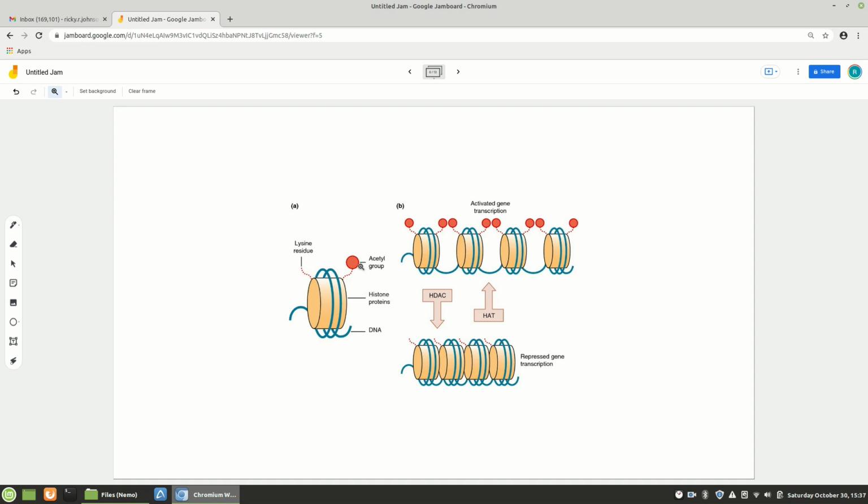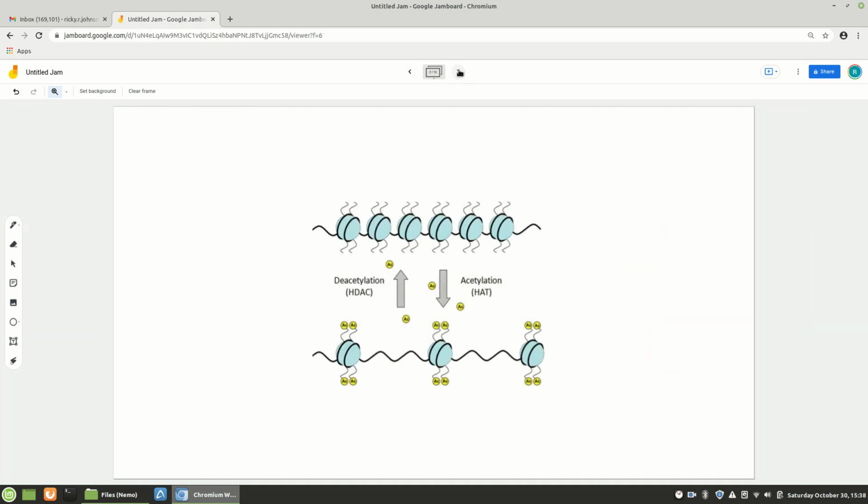So when you add acetyl groups, it's going to alter it, and you'll notice here that it is more loosely compacted when the acetyl groups are there. It is more tightly compacted when they are not, and therefore you have repressed gene transcription. In other words, lower transcription rates. Up here, you would have higher transcription rates. So HAT, HDAC, okay, kind of get the idea.